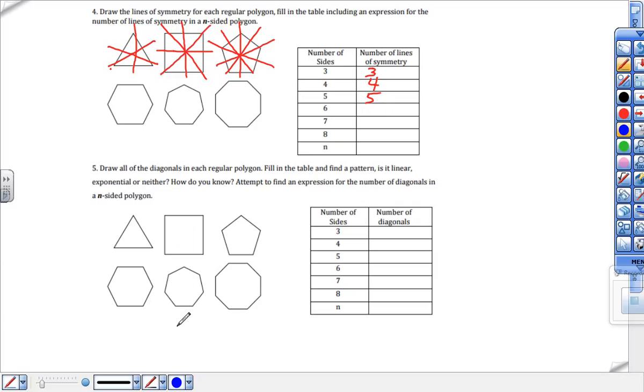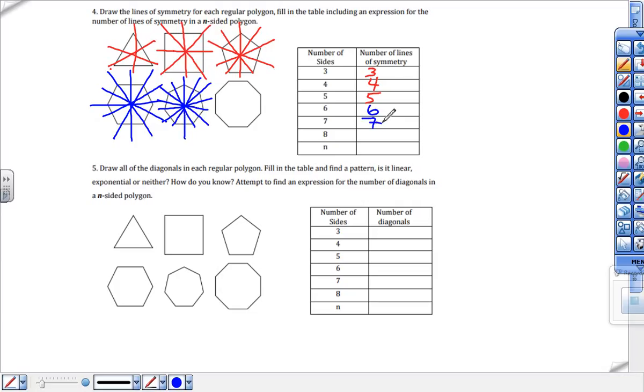Hexagon. 1, 2, 3, 4, 5, and 6. A heptagon has 7. Let's see if I can do this. 1, 2, 3, 4, 5, 6, and 7.